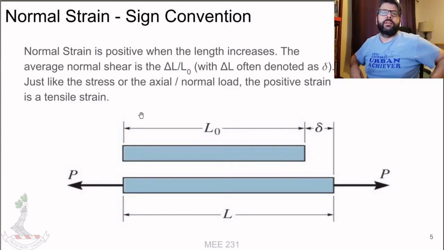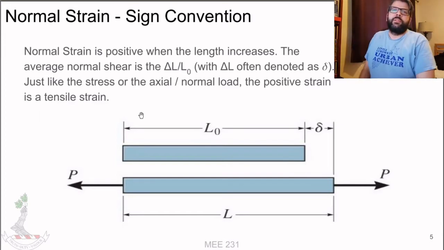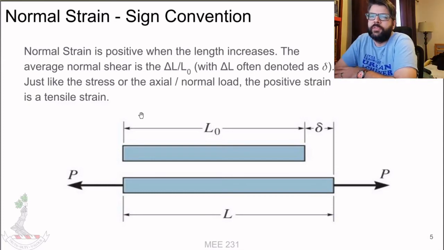So again, sign convention, we're working the same. Normal strain has the same sign convention as normal stress. When you pull on something, it gets longer. So when you have a normal strain, it's positive when the length increases. So the positive strain is a tensile strain.